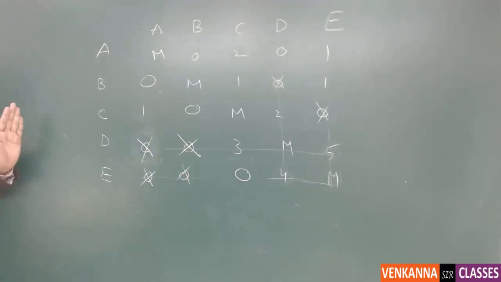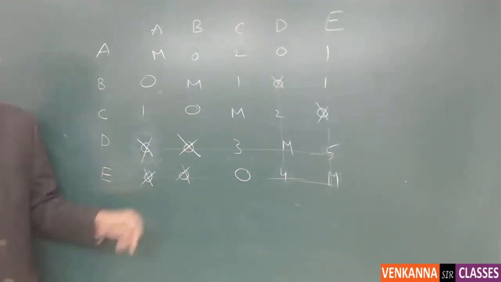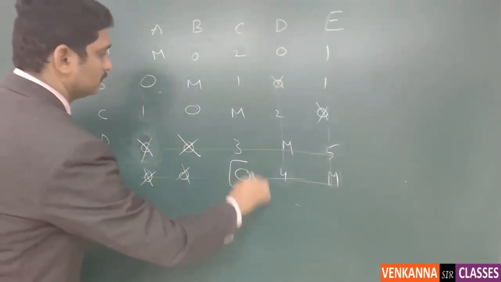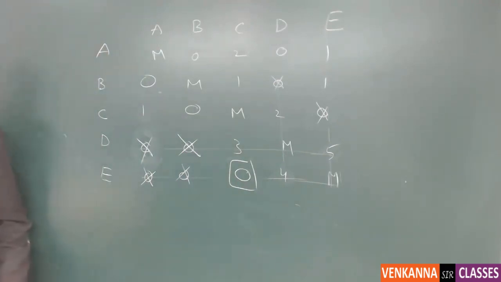First E to C, right? Then if you take E to C and C to E, the same thing you are reversing back, right? You should go to another place. You should not come back.